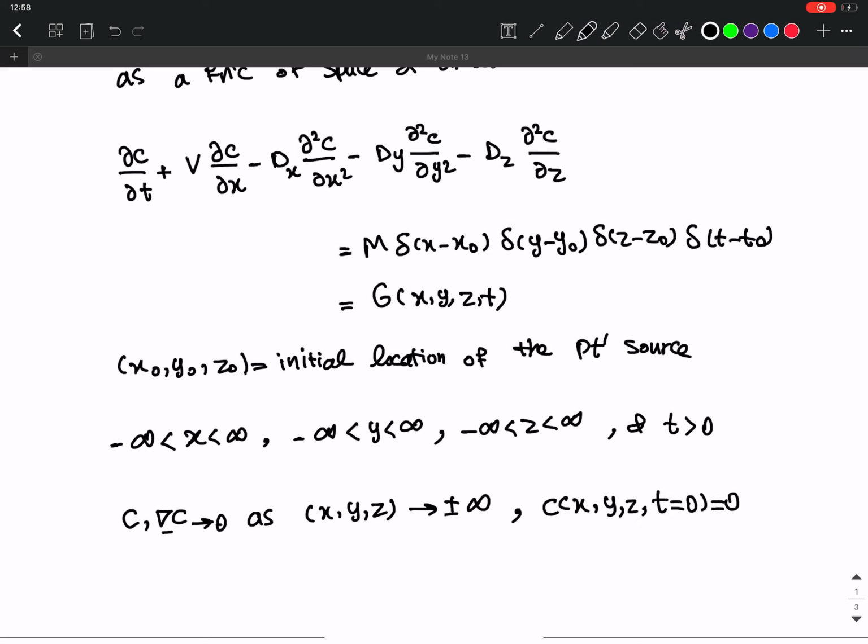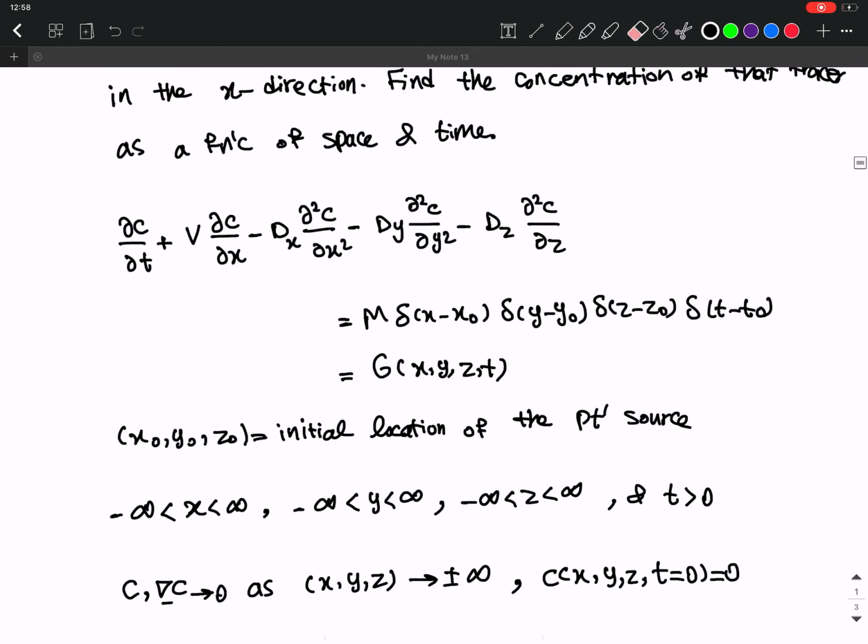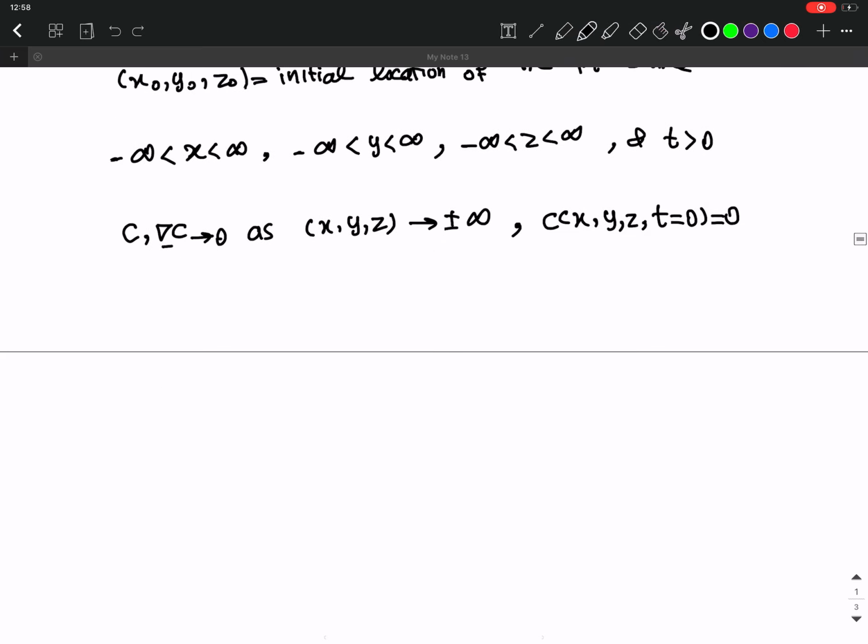So we don't have any concentration at time 0, and it's only that we release a point source at a particular time t0 and x0, y0, and z0. Okay, so this is the problem statement, and now you have this in 3D space. As you see, we have it in the x, y, z plane, and now we want to solve this and see what would be the solution here. Okay, so let's get started.